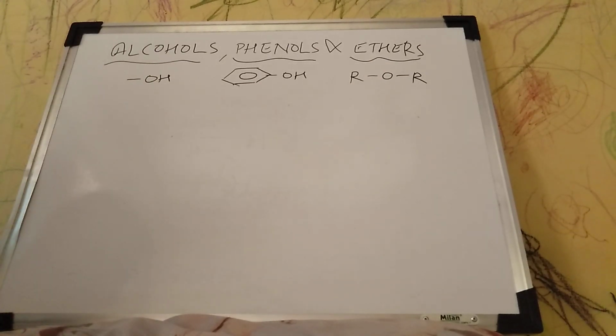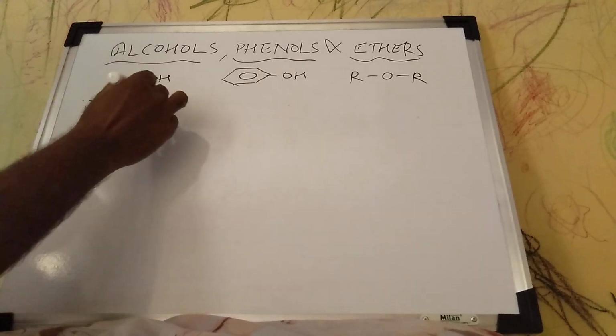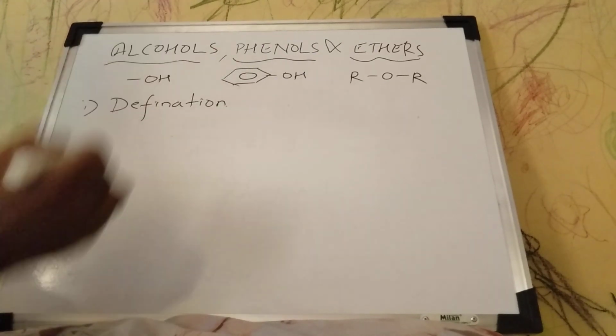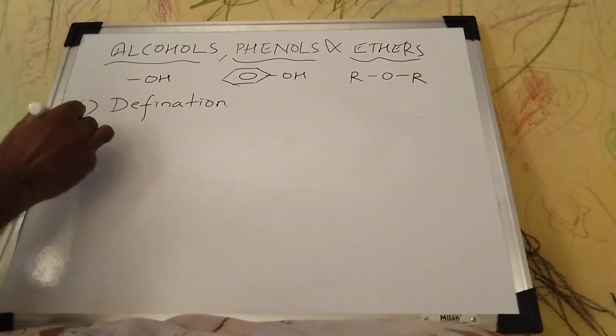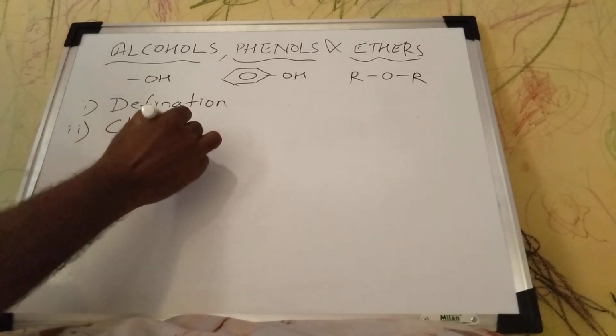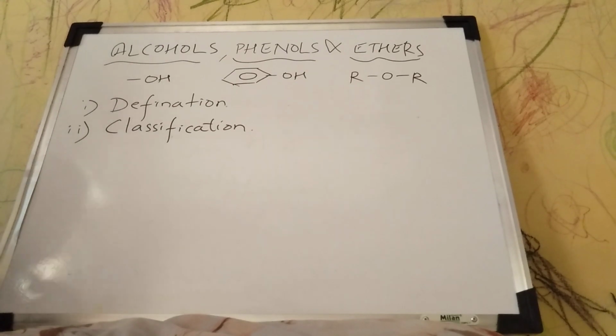Now, certain points are always included in organic chemistry, which you have got to note down. First, we start with the definition in that particular chapter. Second is the classification of those particular compounds.